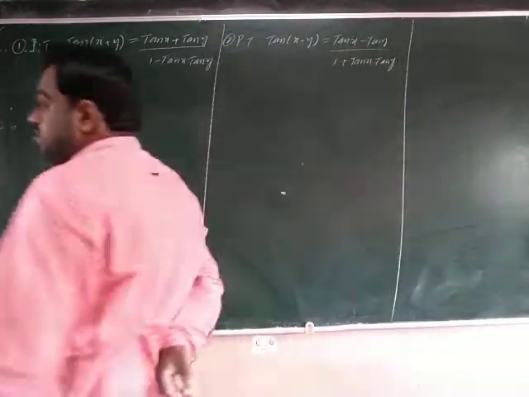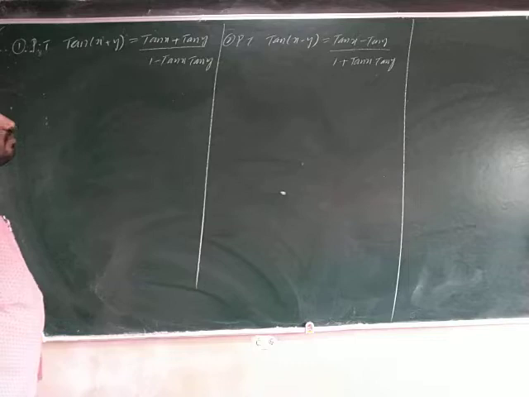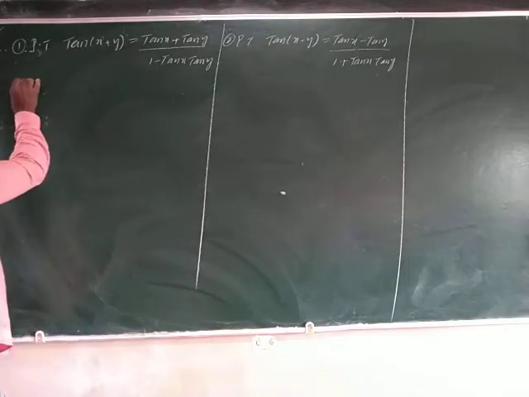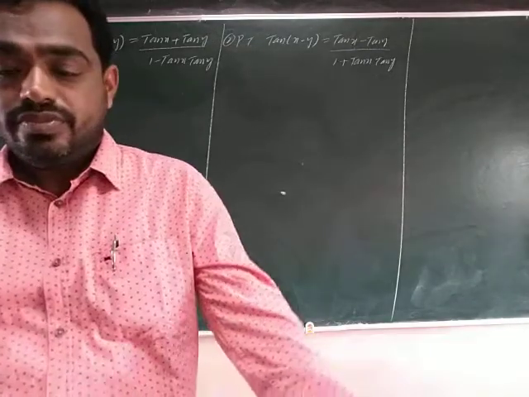So the proofs you see, first one, prove that tan of x plus y equals tan x plus tan y by 1 minus tan x tan y. How are we going to see this? Simple one.